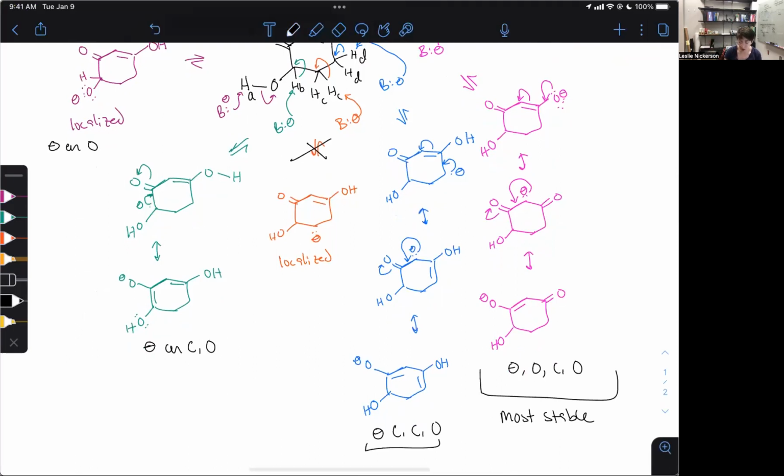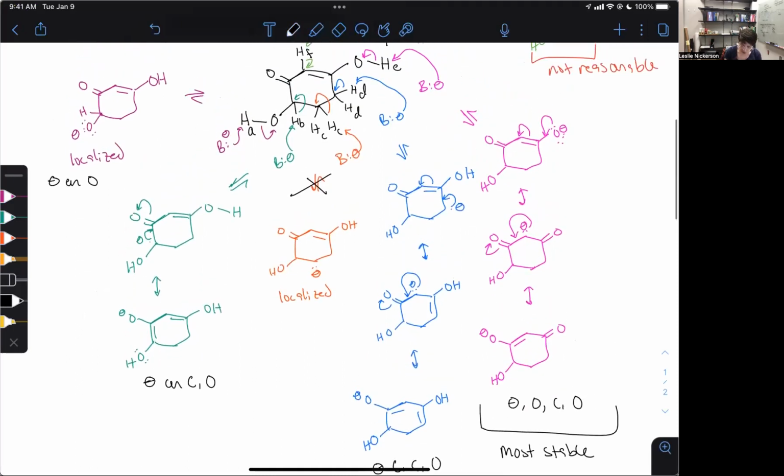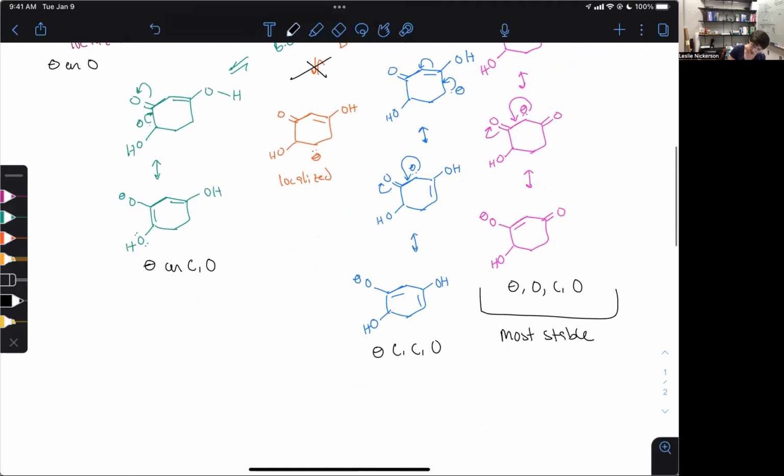That's going to be way better than 2 carbons and 1 oxygen, and better than 1 oxygen alone or 1 carbon and 1 oxygen. Okay, so that means that HE is the most acidic proton here, because it gives us the most stable conjugate base.